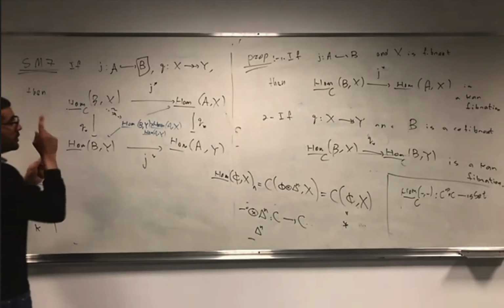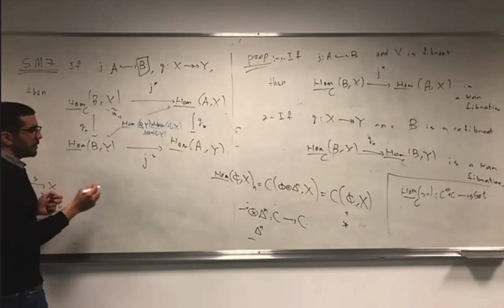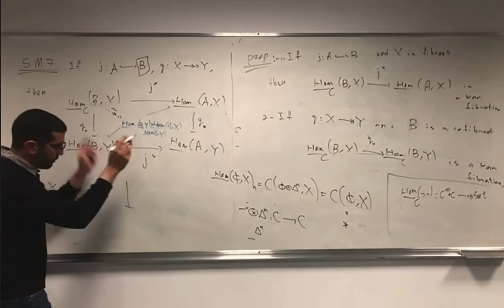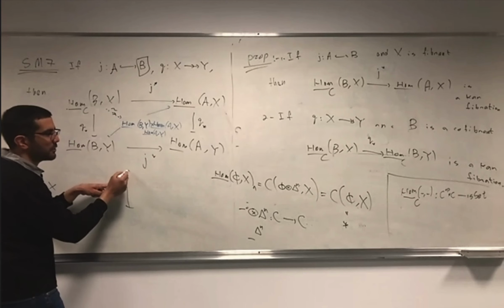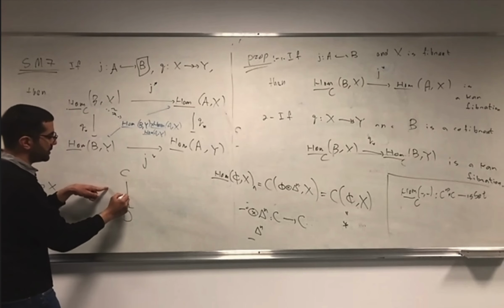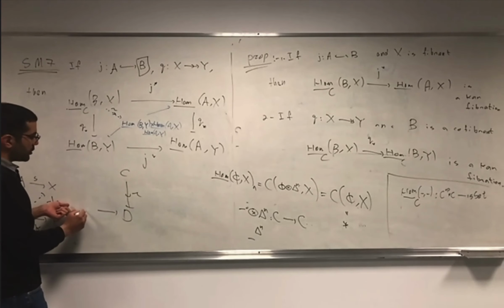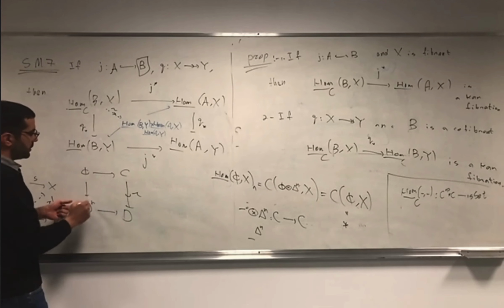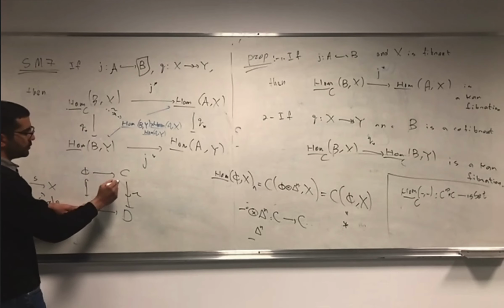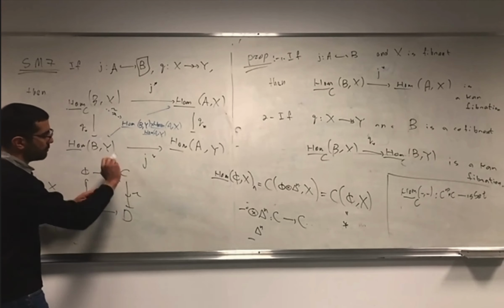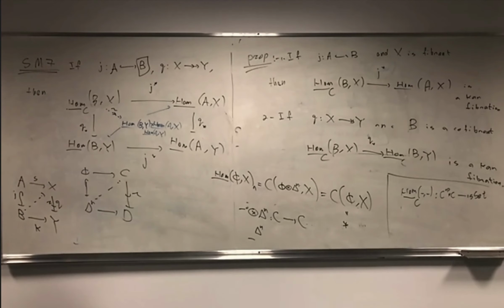Then a trivial Kan fibration, for some map CD, is surjective in every level. So it's surjective in the zero level.